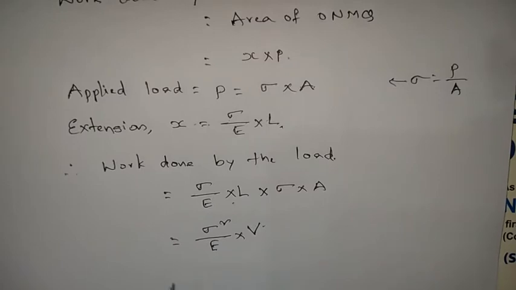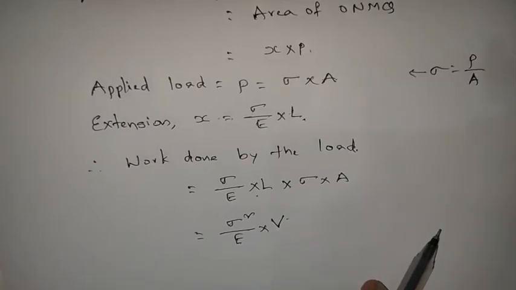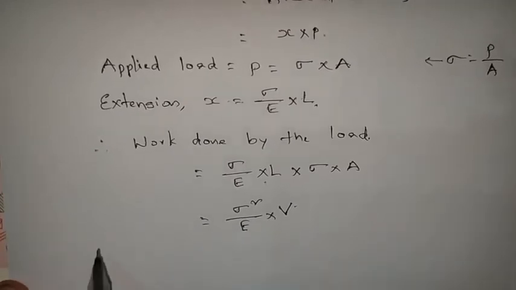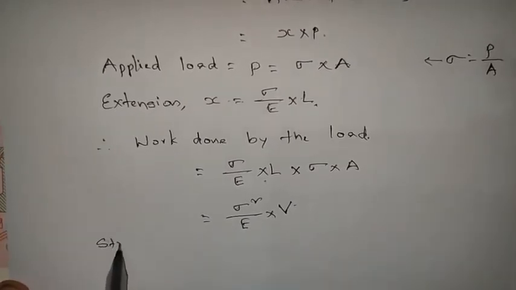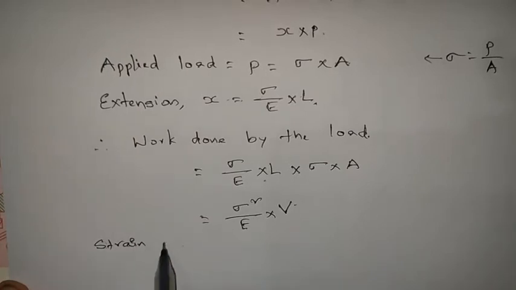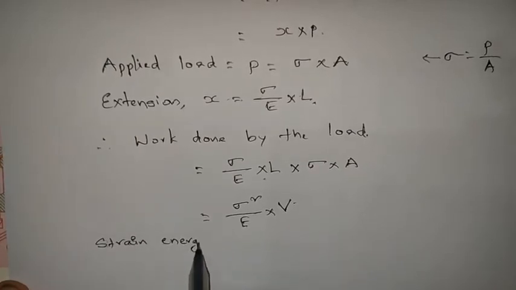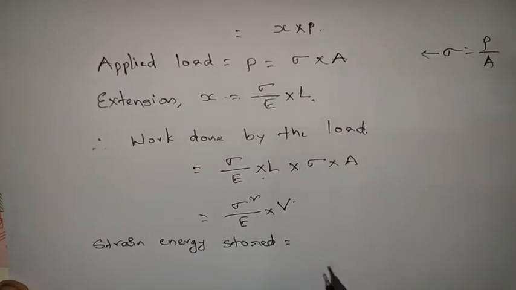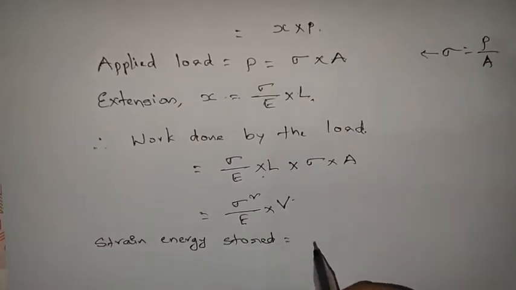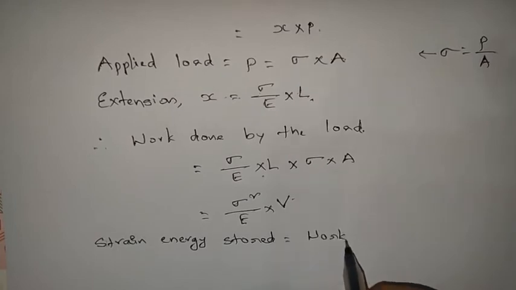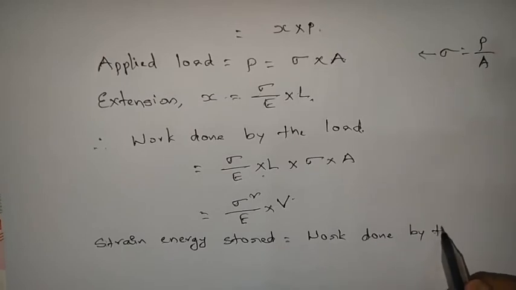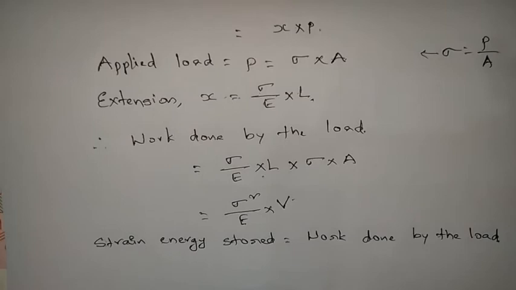So this work done by the load is equal to the strain energy stored in the body. Therefore, strain energy stored in the body equals work done by the load.